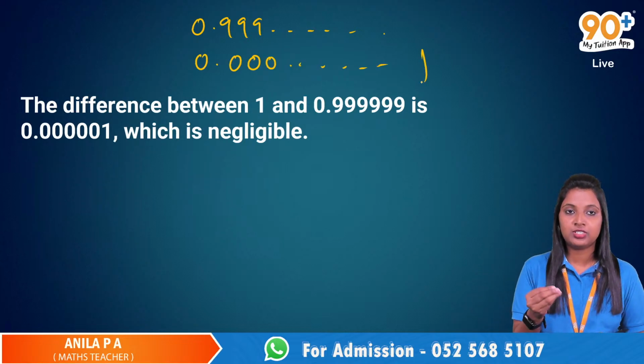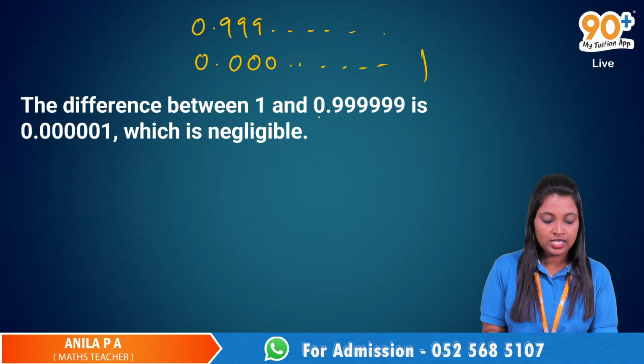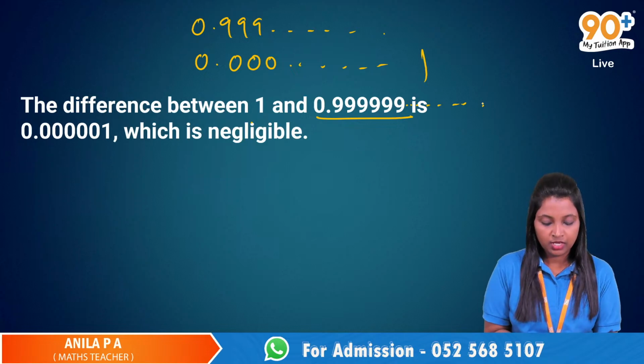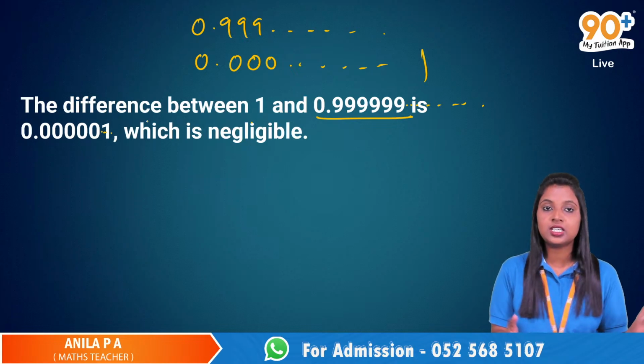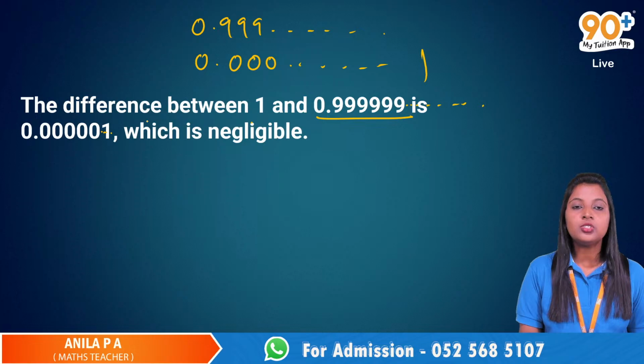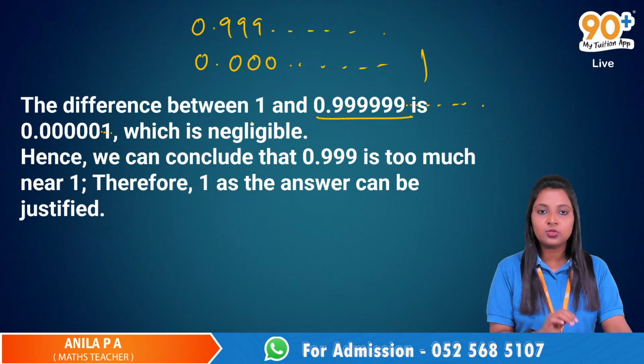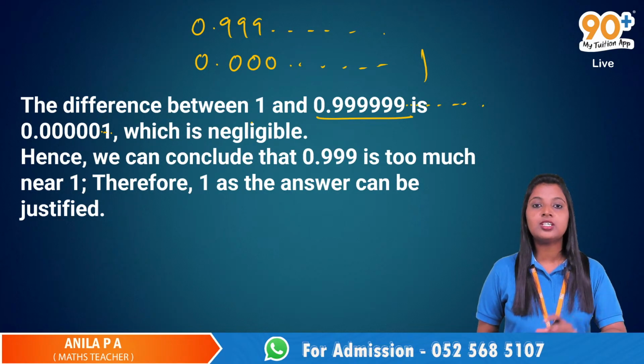Very minute difference. Just to show you this, I just took this 0.999, and after this we have etc. etc. After so many etc.'s only this 1 will come. So the difference is very minute.